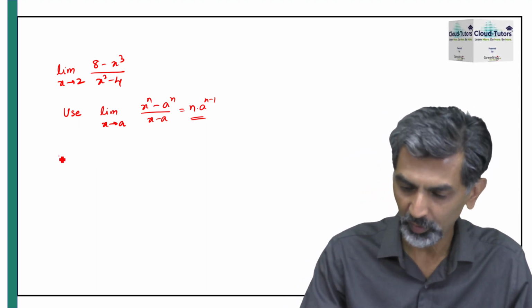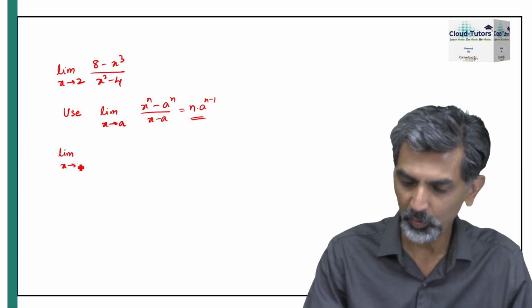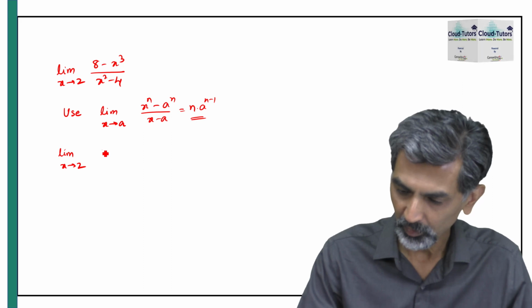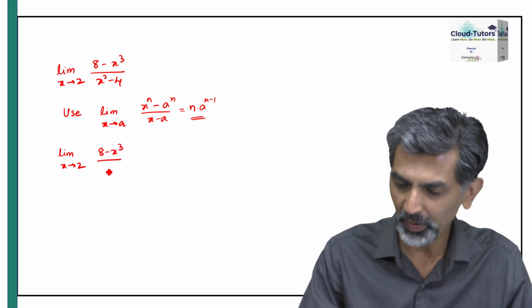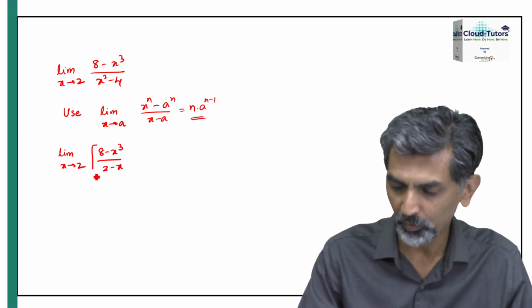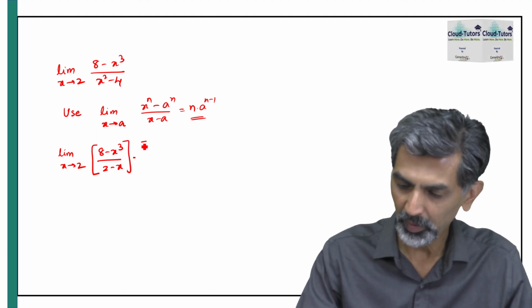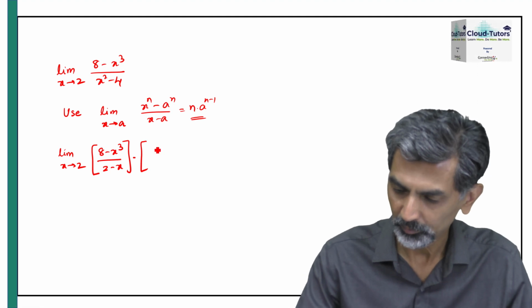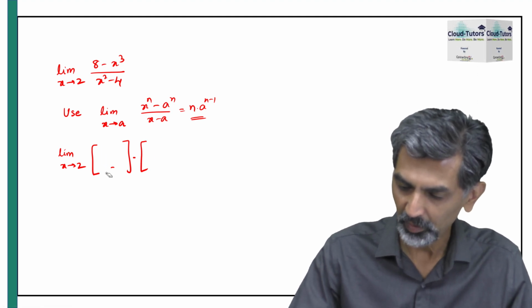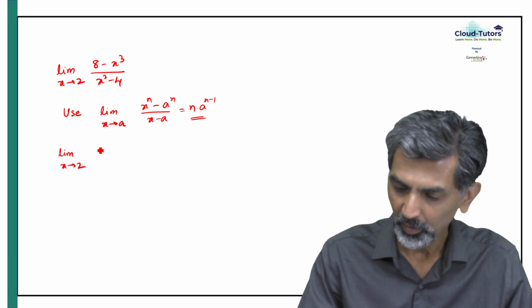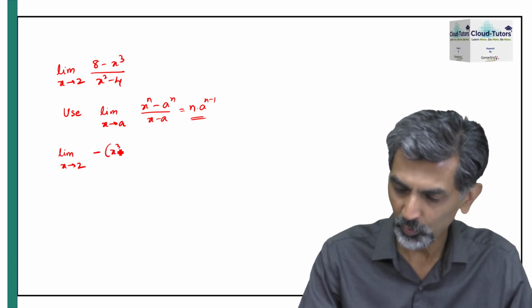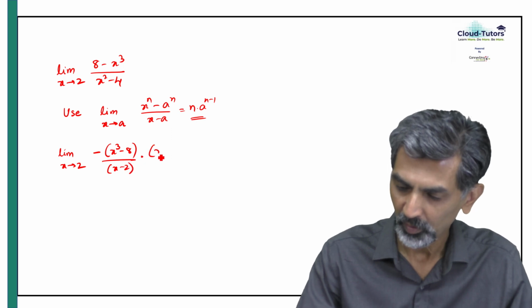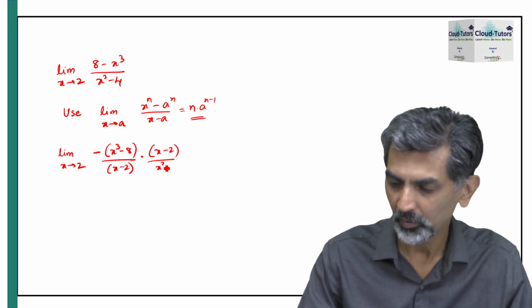So how do we use this? Let's first consider the limit as x tends to 2 of (8 minus x cubed) by (2 minus x), multiplied by (2 minus x) by (x squared minus 4). I will rewrite it slightly differently: negative of (x cubed minus 8) by (x minus 2), multiplied by (x minus 2) by (x squared minus 4).